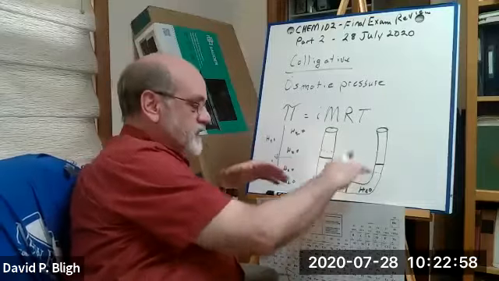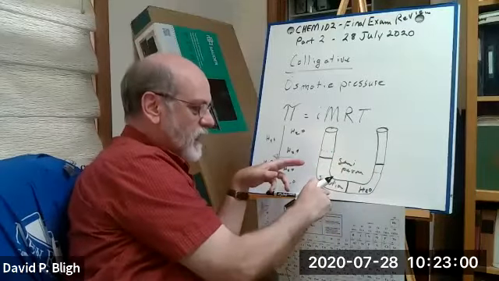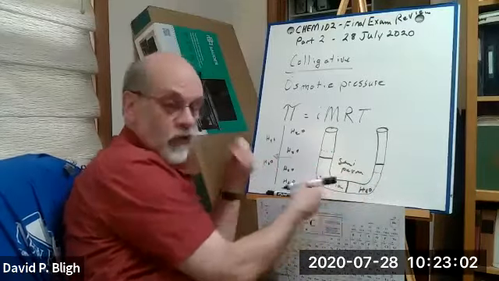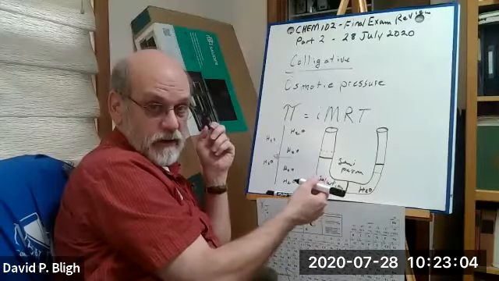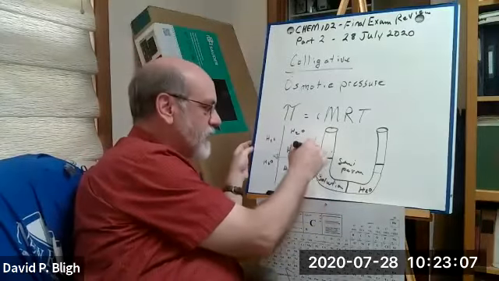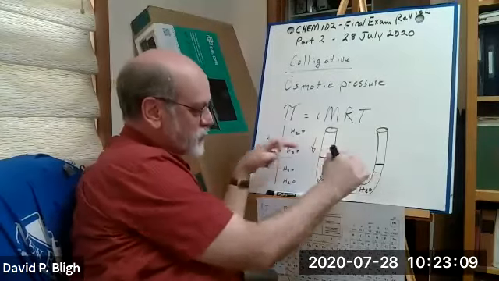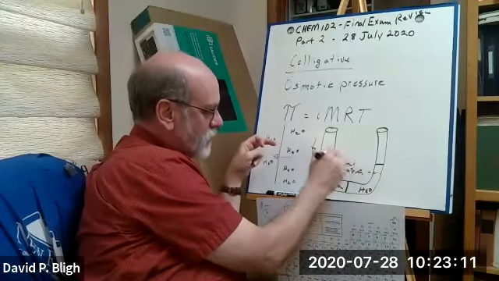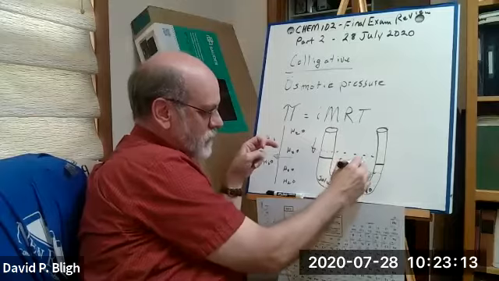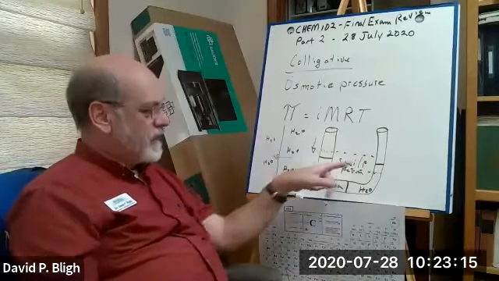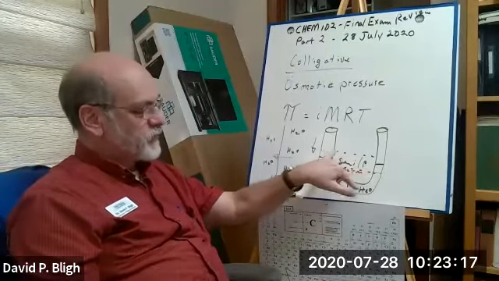But what happens is it keeps moving here until the pressure for the water to move that way is balanced by the difference in pressure between here and here. That's the osmotic pressure, the difference between those two.